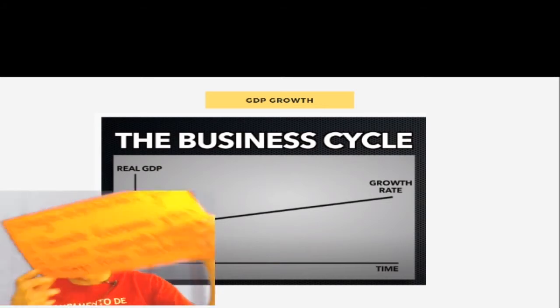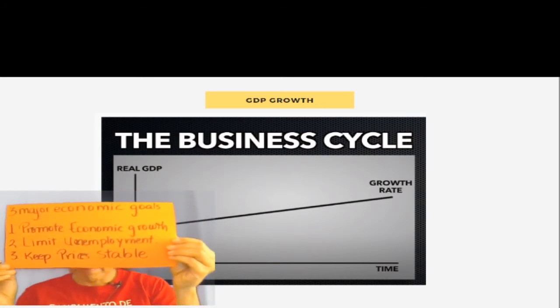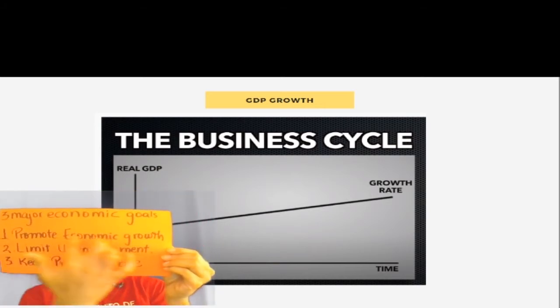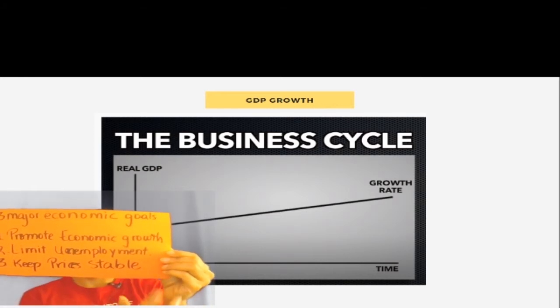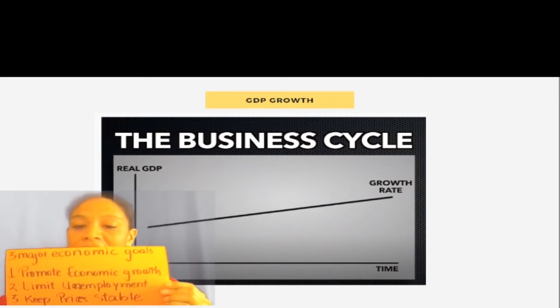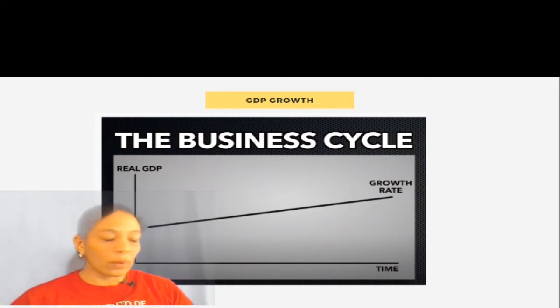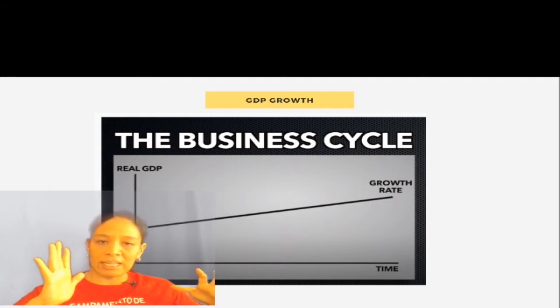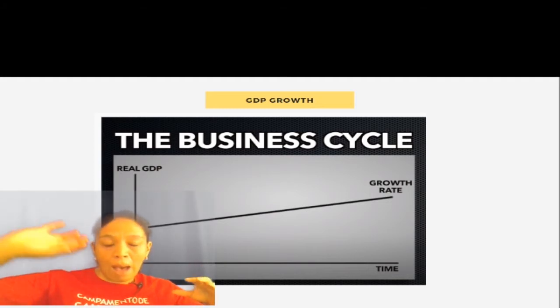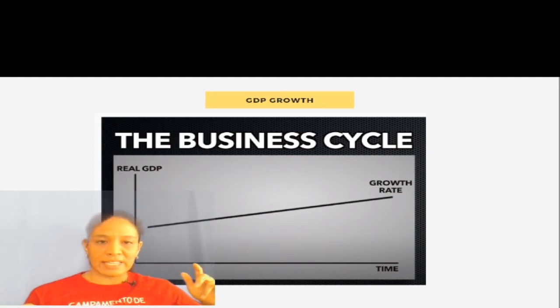Okay, remember that was last class. The 3 major goals of the economy were to promote economic growth, to limit unemployment, and to keep prices stable. That is to keep inflation down, okay? So these being the 3 goals of any economy, we want to keep this line in a very nice slope upward. We don't want it going down, okay?